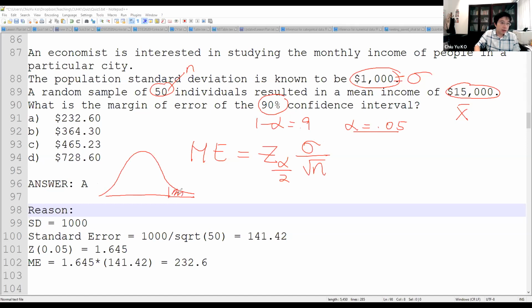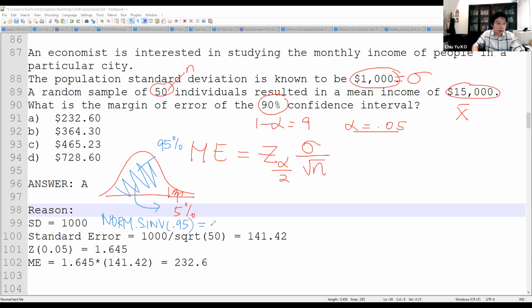So we want the tail area to be 5%, right? So accordingly, the left-hand side is 95%. And the function that gives us this is the inverse, NORM.S.INV of 0.95.